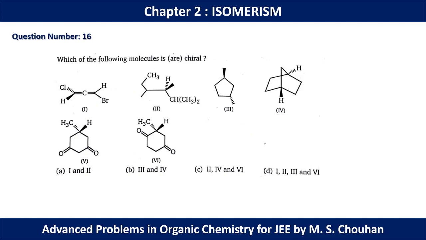In question number 16, which of the following molecules is chiral? Okay, so the first option is chiral because we don't have any sigma, any i, so this is optically active in nature. For the second molecule, again we don't have any sigma or i symmetry, so this is also optically active.